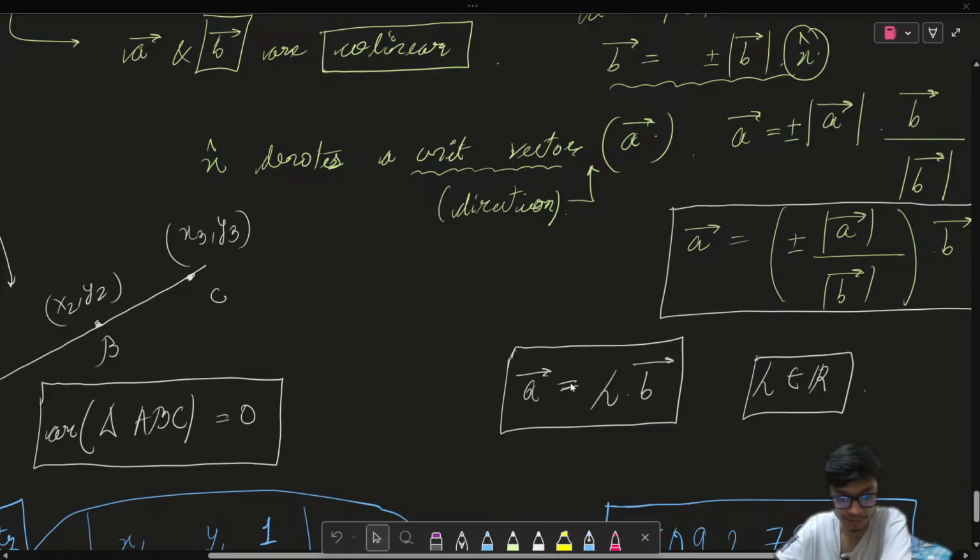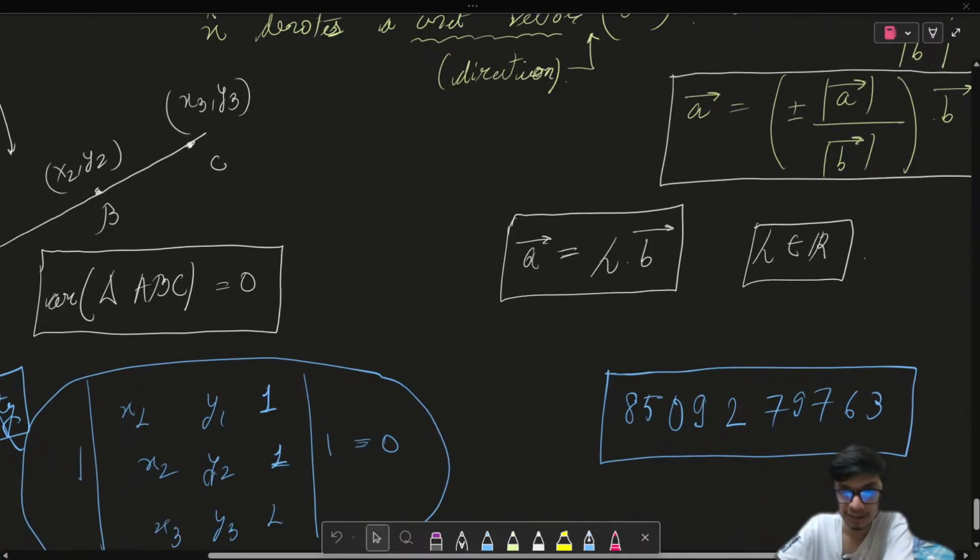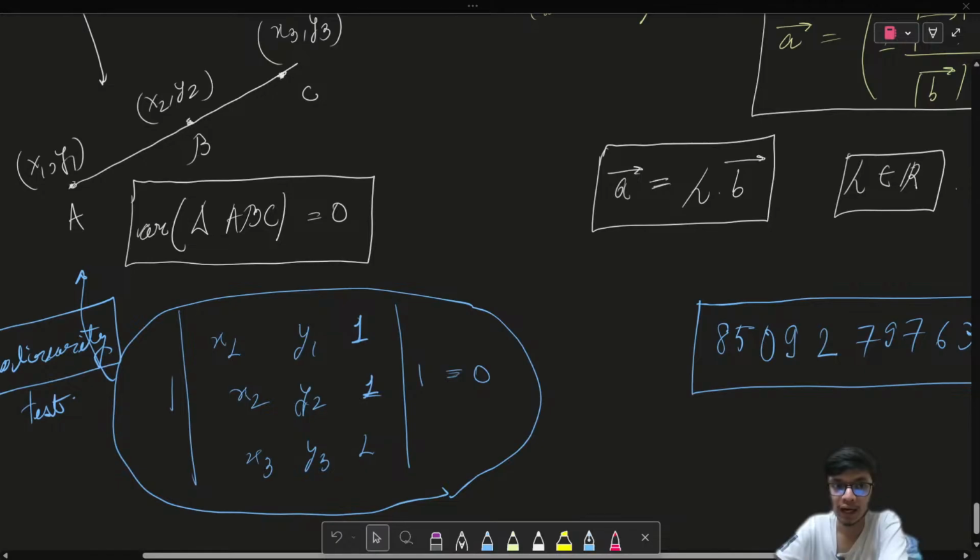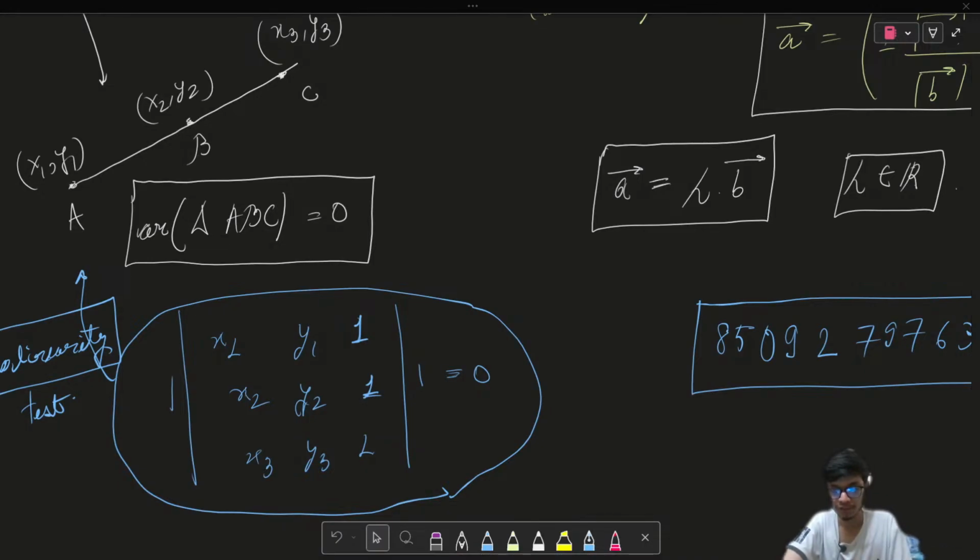We also discussed the condition for collinearity of 3 points: the area of the triangle generated by the 3 points should be 0. This is where we finished up in our last class.